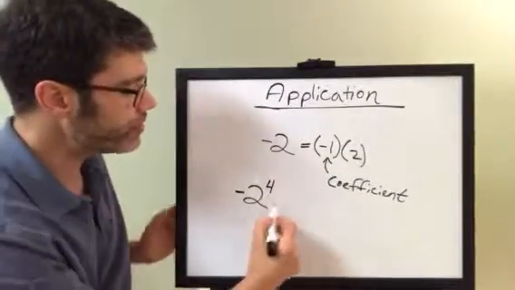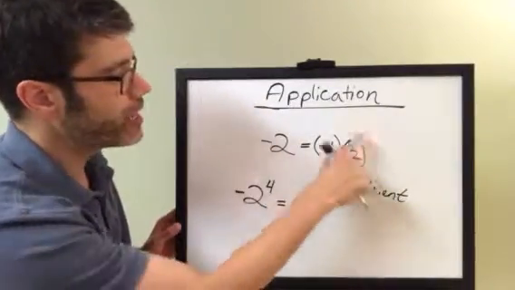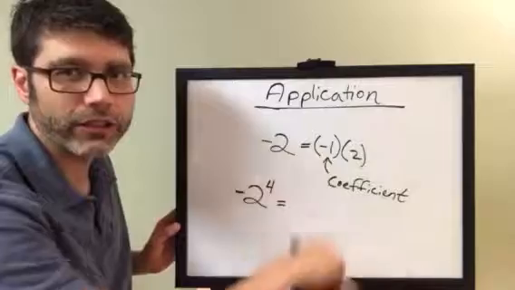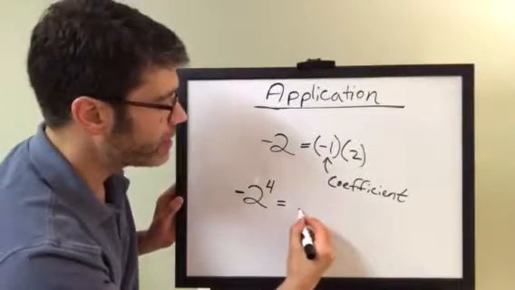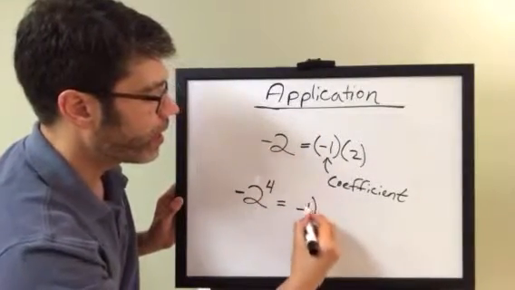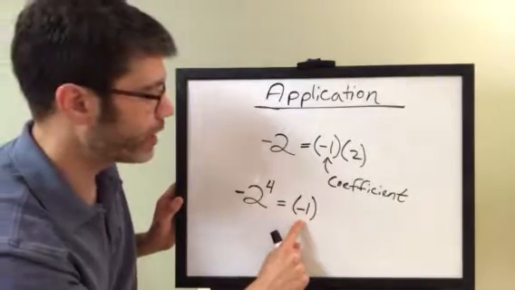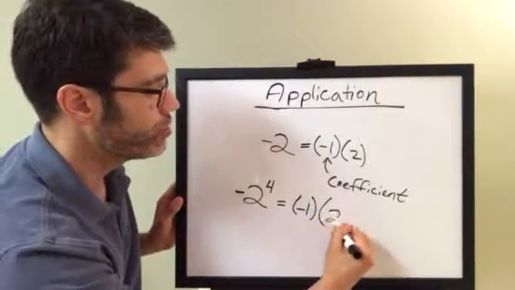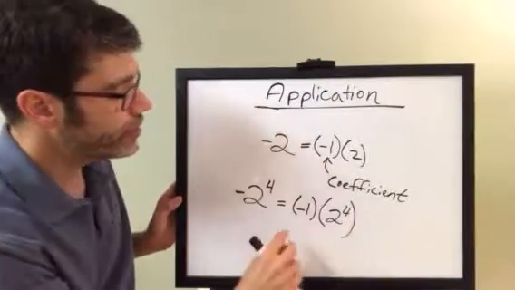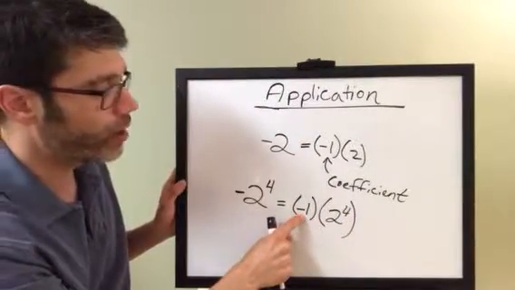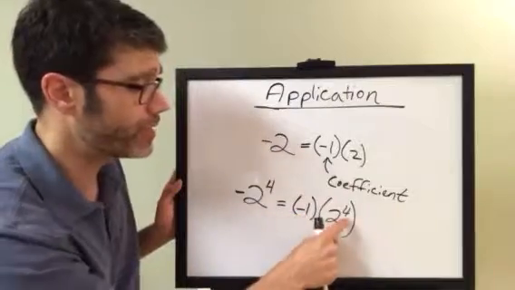Do you see that using this method of looking at this problem, this is equivalent to having a coefficient of negative 1 times 2 to the fourth? Do you see that this negative 1 is not under the auspices of this 4?